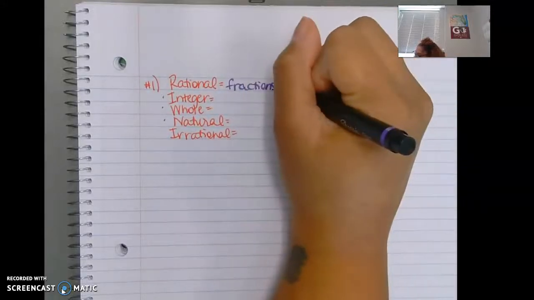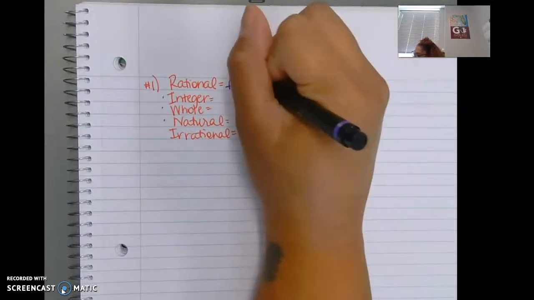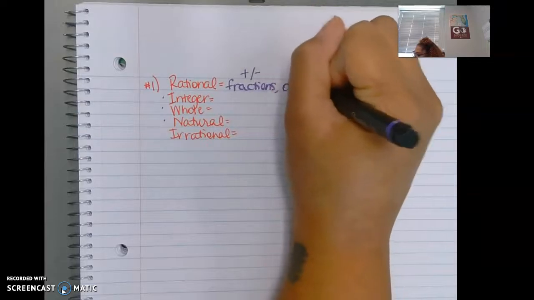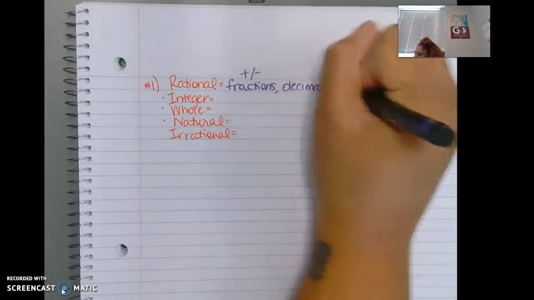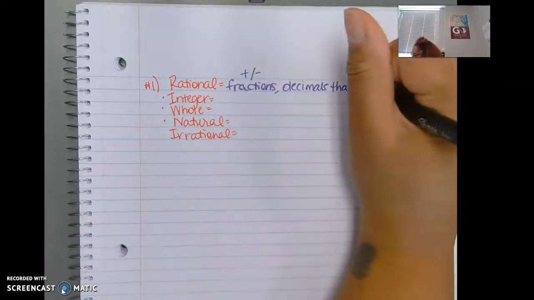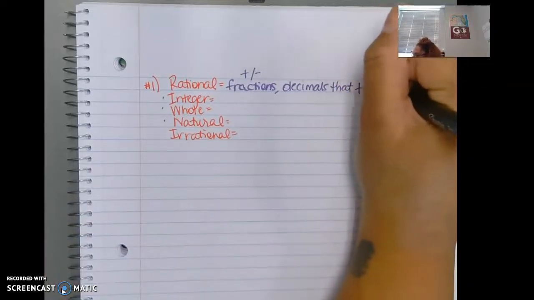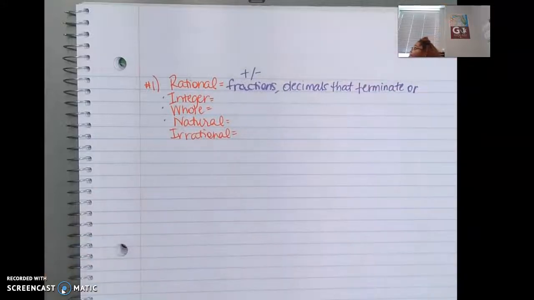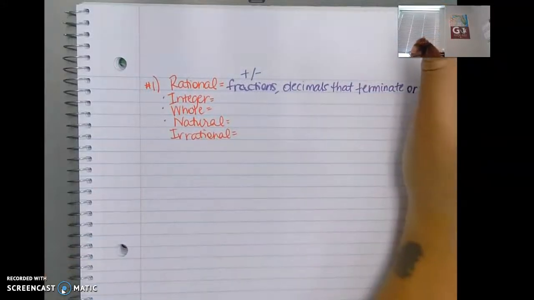Fractions and certain types of decimals. They're positive or negative. Decimals that are what? That terminate, good. Or what? Or what? Repeat, good.